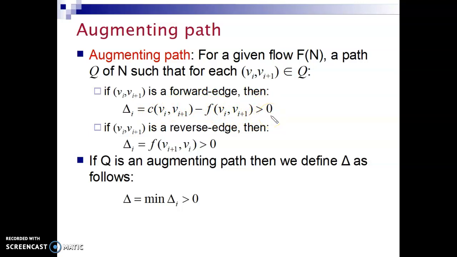This means that if we are following a forward edge, there should be some positive unused capacity. If it is a reverse edge, then we are only looking at the value of the flow on this edge, and that value should be a positive value. It should not be 0.